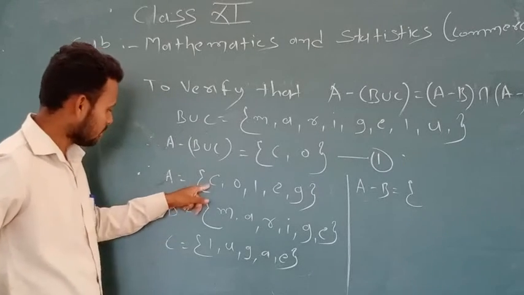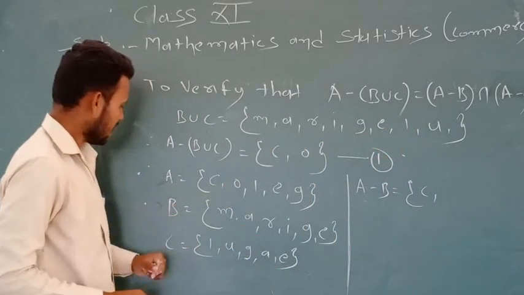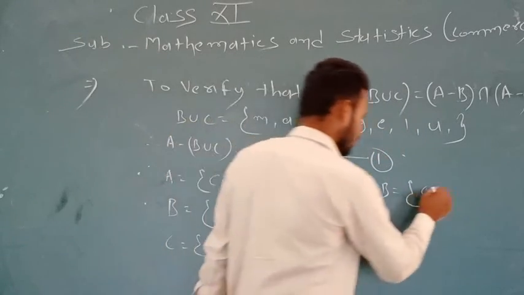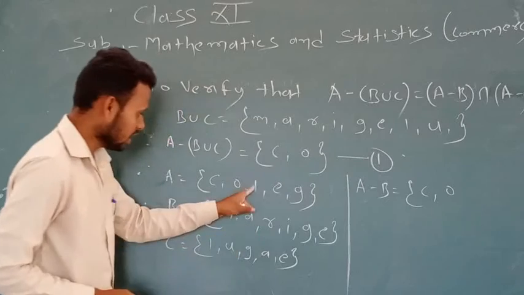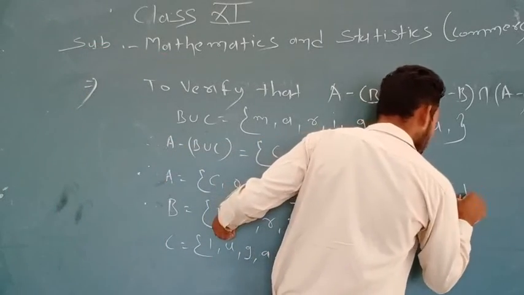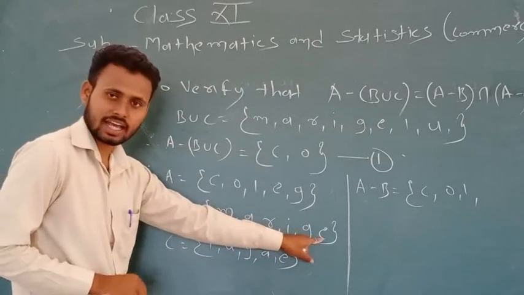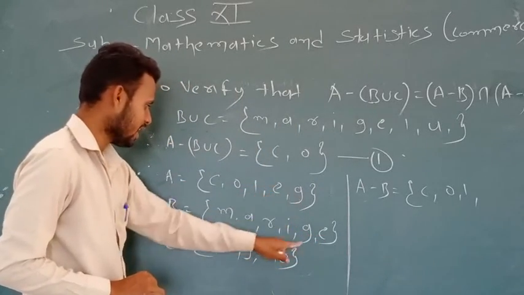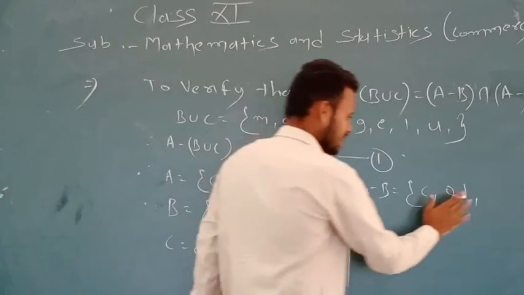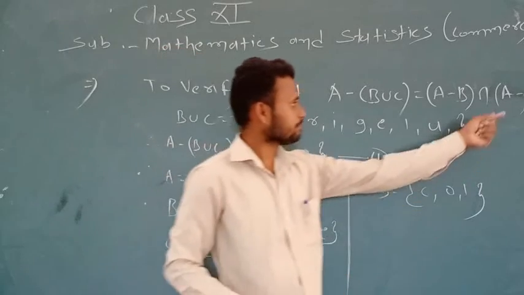C A मध्ये आहे B मध्ये नाही, म्हणजे C येईल. The next O A मध्ये आहे B मध्ये नाही, म्हणजे तो सुद्धा येईल. The next L A मध्ये आहे B मध्ये आहे, L सुद्धा येईल. The next E A मध्ये आहे B मध्ये आहे, घेणार नाही. G A मध्ये आहे B मध्ये आहे, घेणार नाही. म्हणजे A minus B equal to set containing the elements only C, O, L.